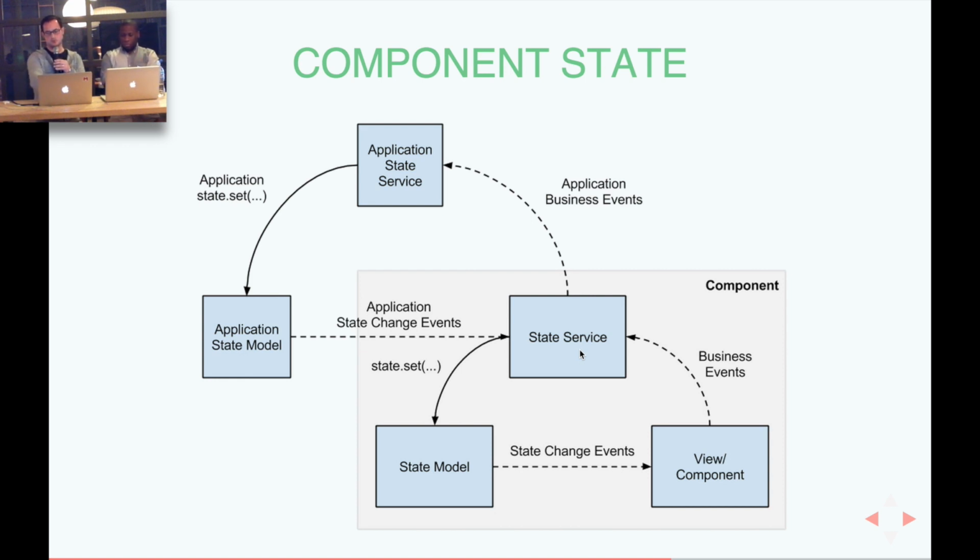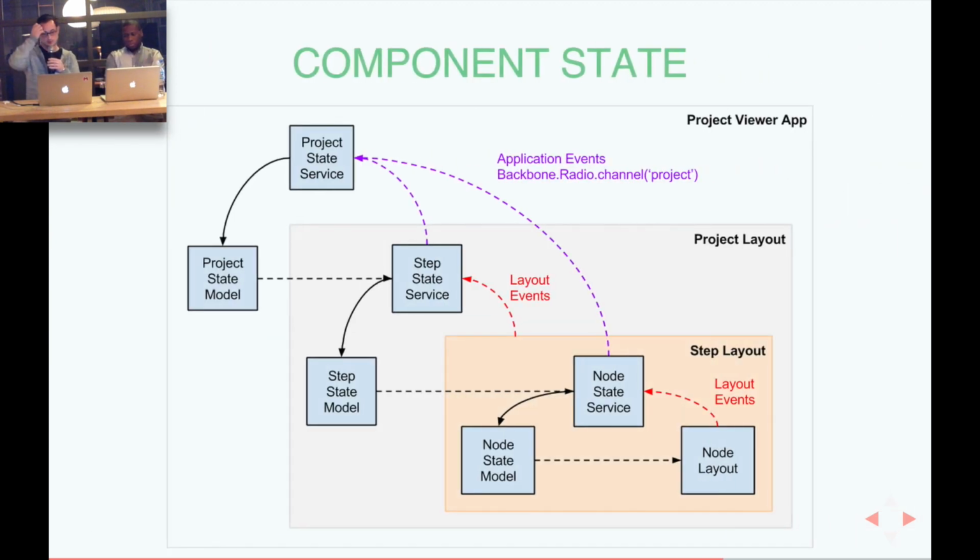We've got that same cycle happening within this component. Within a step, you've got business events hitting the step state service, changes going to the step state model, and then state events going back to the view. Those would be model change events. And so this is actually what it looks like. And I really hope when you see the code that you'll feel a little less scared.